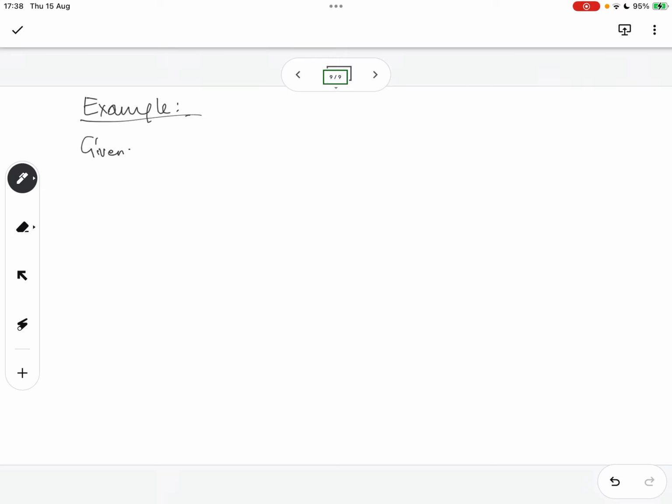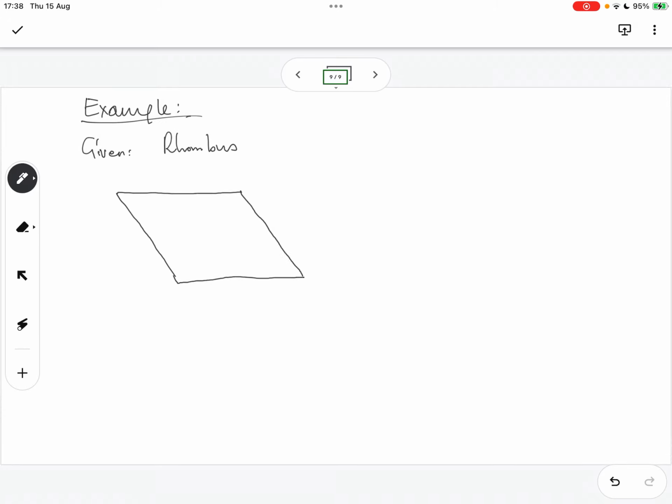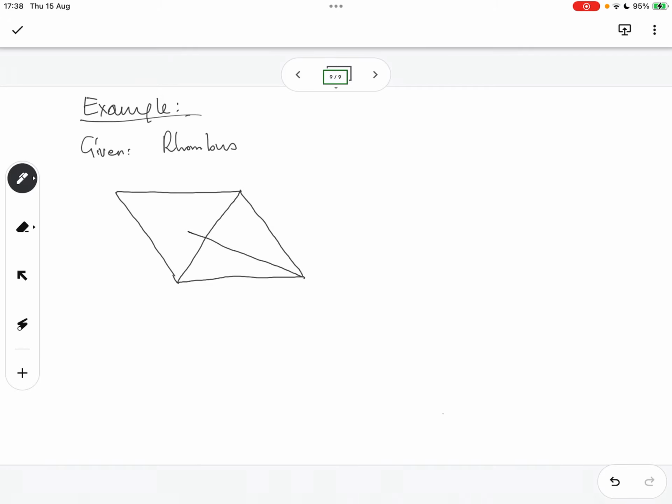Given a rhombus, and our rhombus looks something like this. It looks something like that.